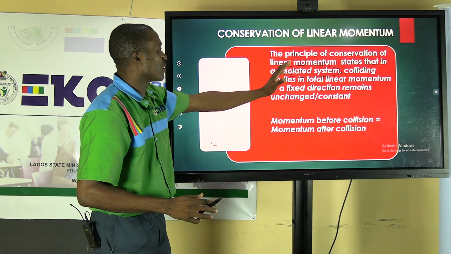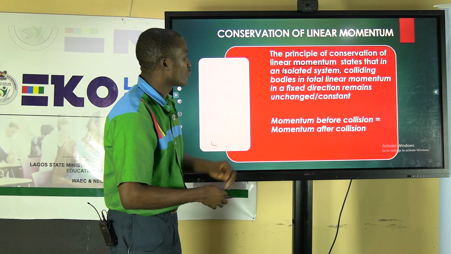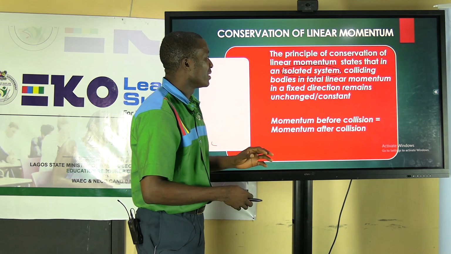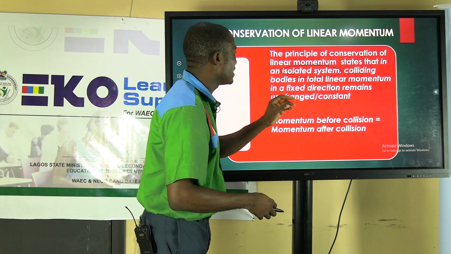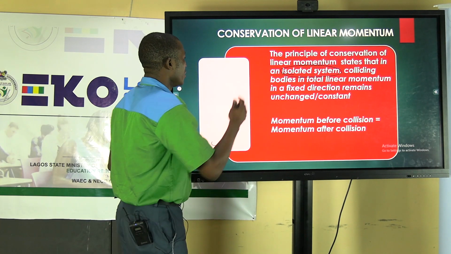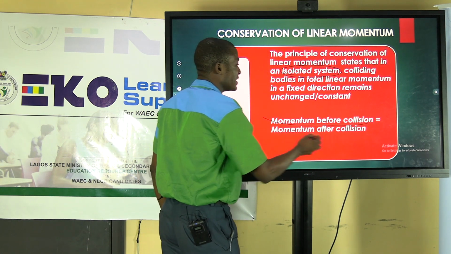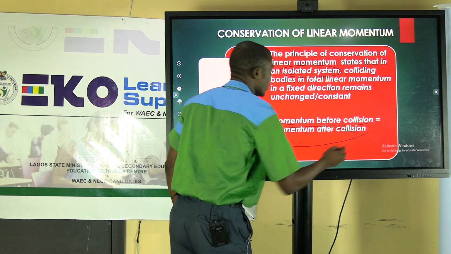So this principle of conservation of linear momentum states that in an isolated system, the total linear momentum of colliding bodies in a fixed direction remains unchanged or constant. What it means is that momentum before collision is the same as momentum after collision.